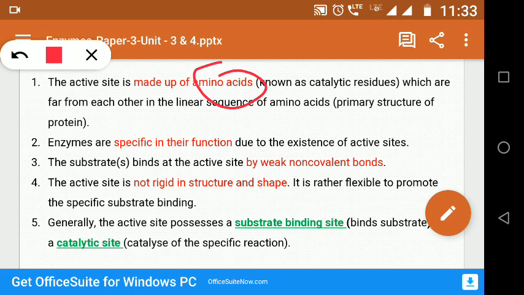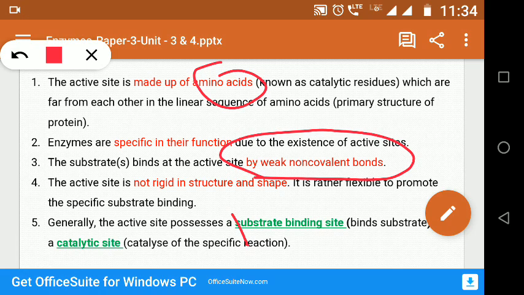If it binds glucose, then it converts that glucose only into glucose 6 phosphate, not into other products like fructose or glucose 1 phosphate. So most of the enzymes are substrate specific and reaction specific. This specificity is the feature of the active site.